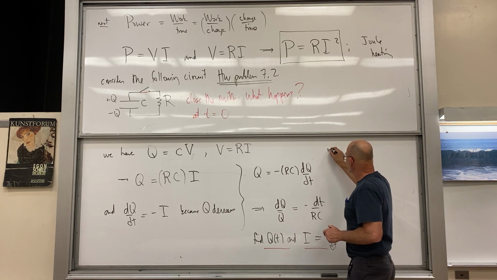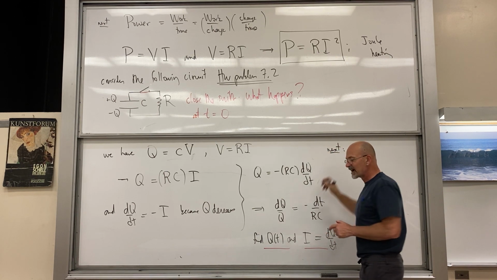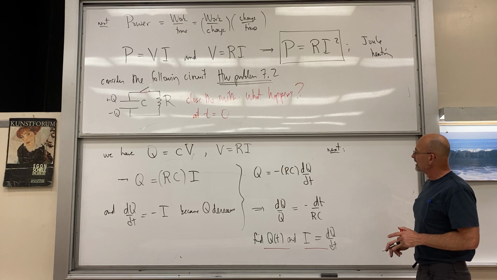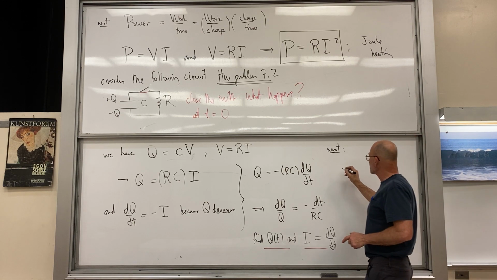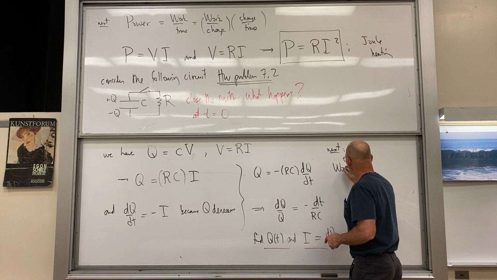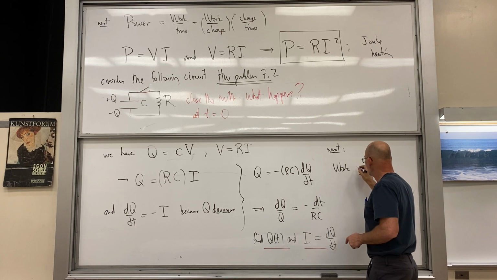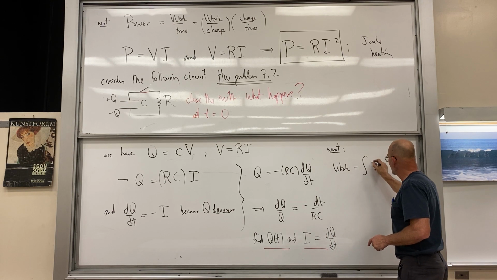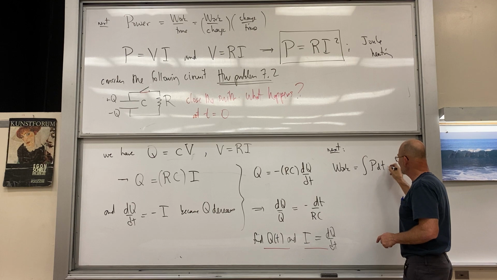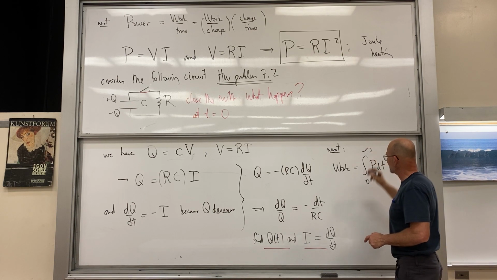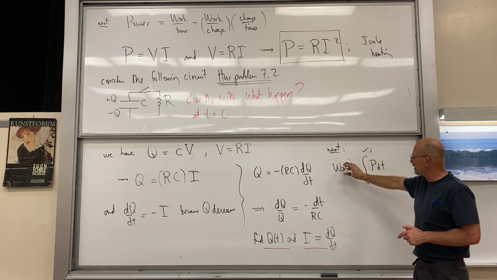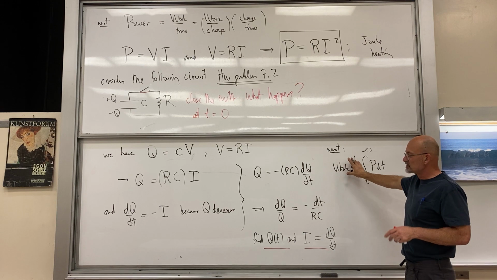So next, we'll have to consult what's actually in the book. But if you want to get the total work, or the energy, you know, you've got power dt from 0 to infinity. I forgot what we're calling it, work or the energy, but it's the total energy expended.